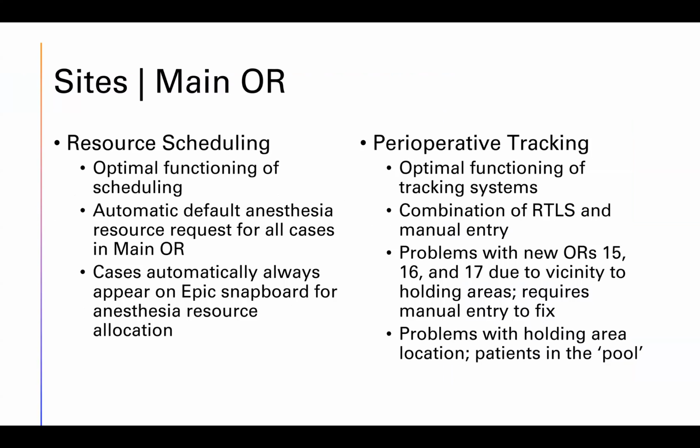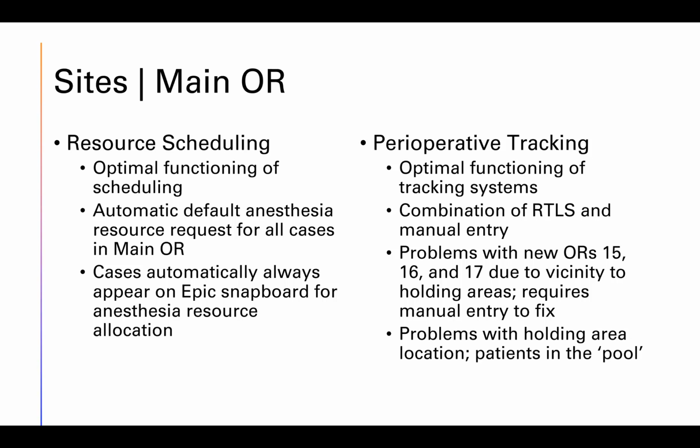All the surgical cases that are booked in the main OR automatically have anesthesia resources requested through the EPIC system. And these cases almost always appear on our scheduling and assignment boards, so we can allocate those resources on a daily basis. We rarely see any issues in the main operating room area when it comes to scheduling.